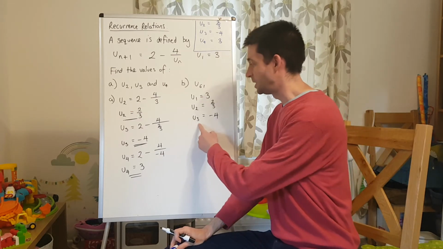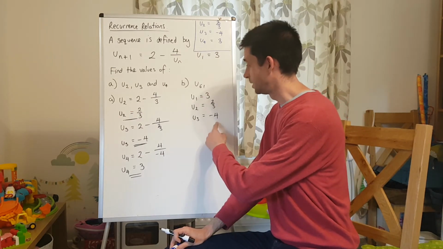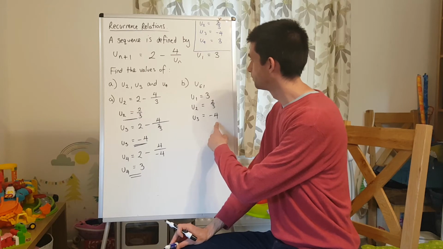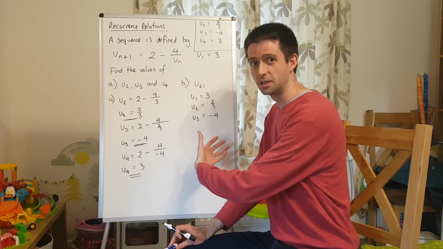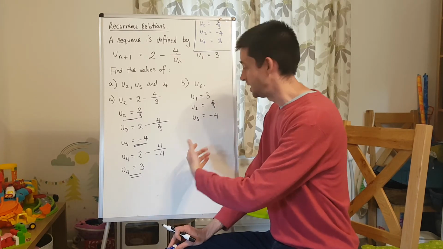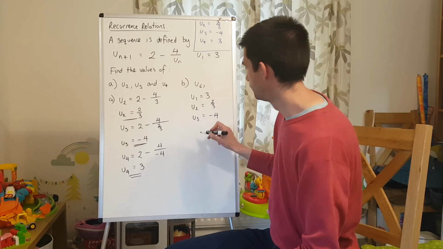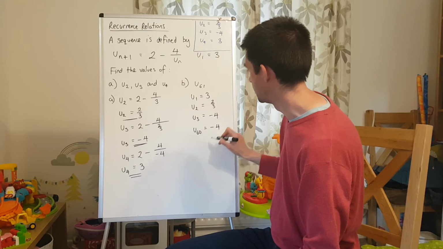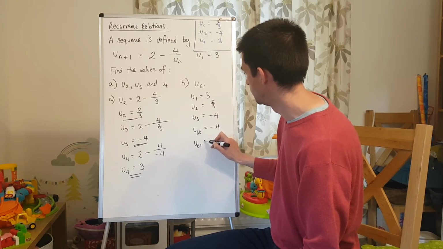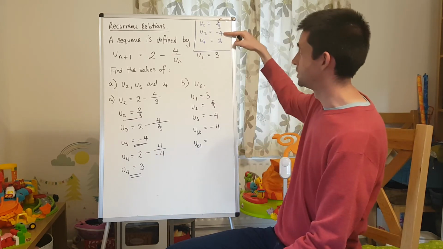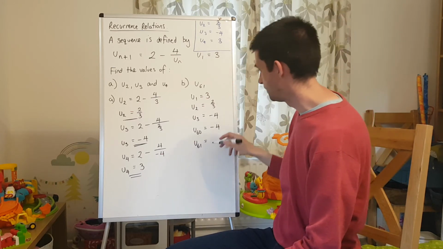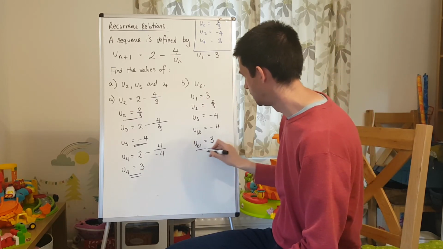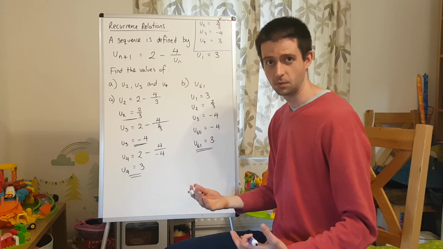Now, what that means is that u6 is going to be negative 4, u9 is going to be negative 4. All the multiples of 3 are going to come out as negative 4. So u60 is going to come out as negative 4, which means that u61, after negative 4, we get back to 3. So u61 is also going to be 3.